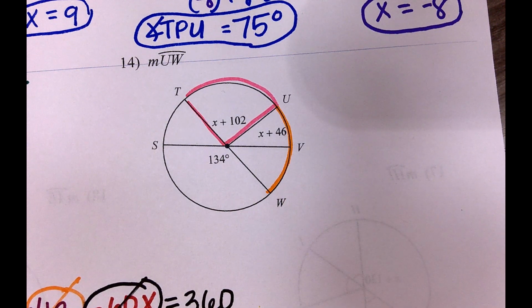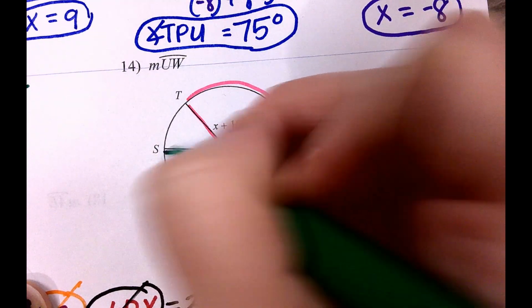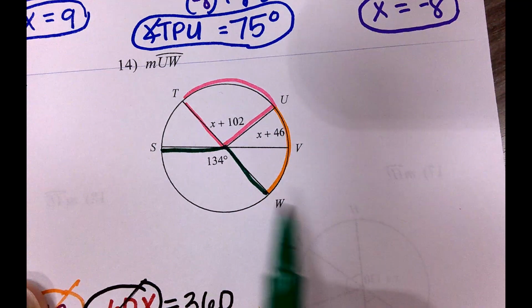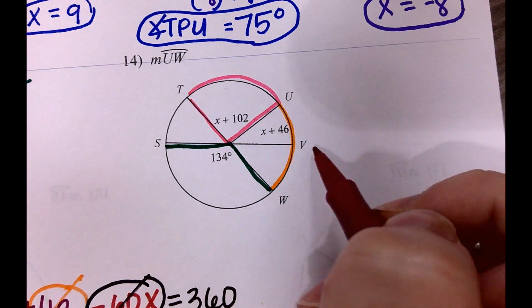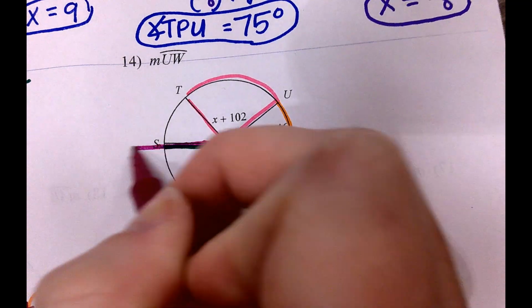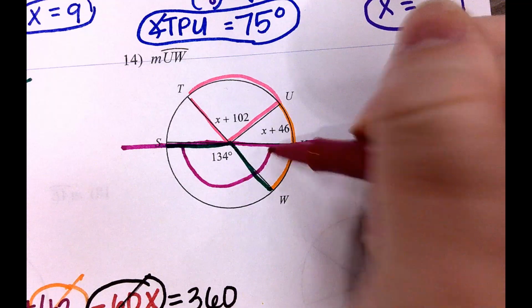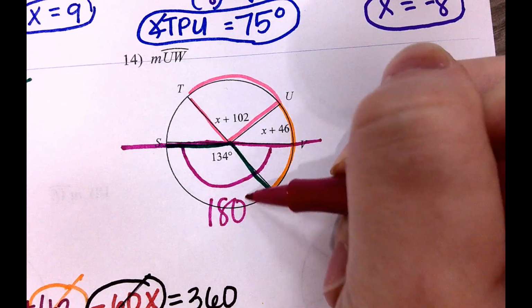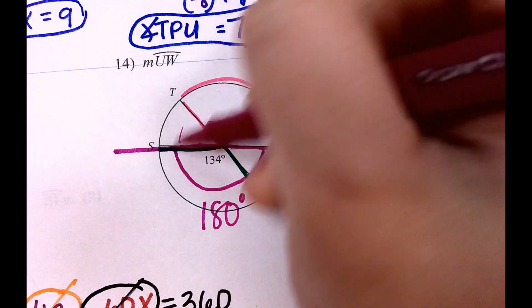Can you do them about 180? From S to V, that's a diameter. It's half a circle. So this here is 180. This here is 180 also.